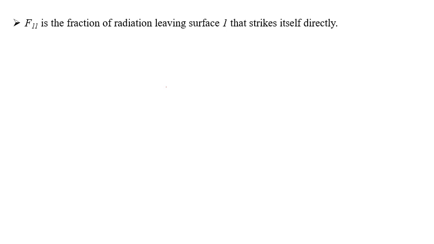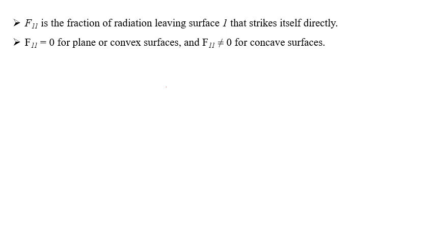F11 indicates the fraction of radiation leaving surface 1 that strikes that same surface directly. So F11 is equal to 0 for a plane or convex surface, and F11 is not equal to 0 for a concave surface.